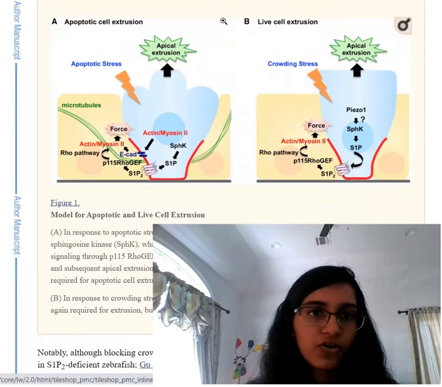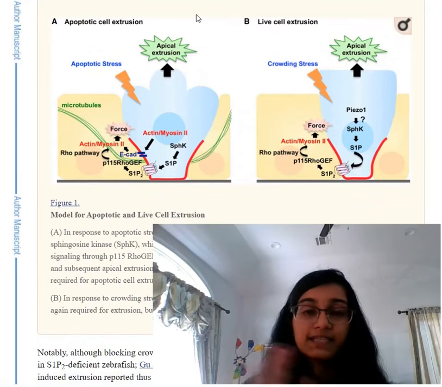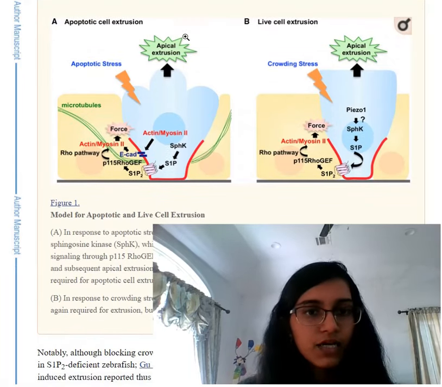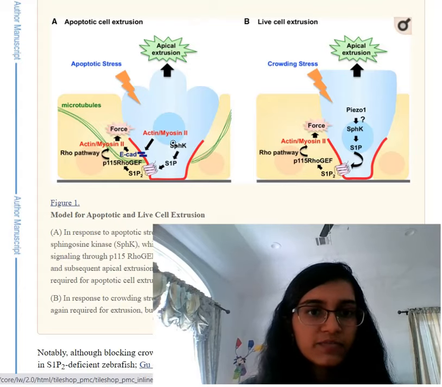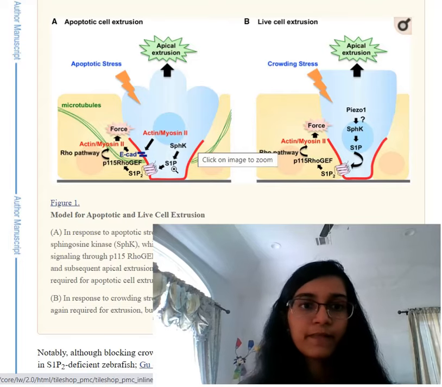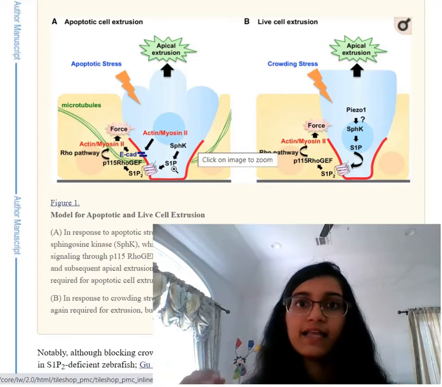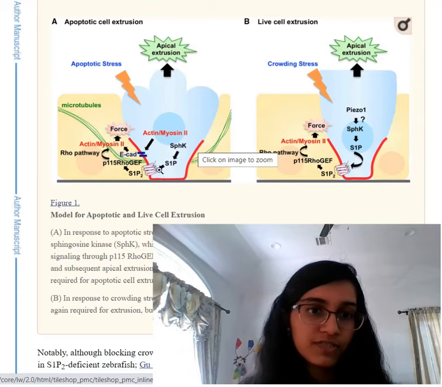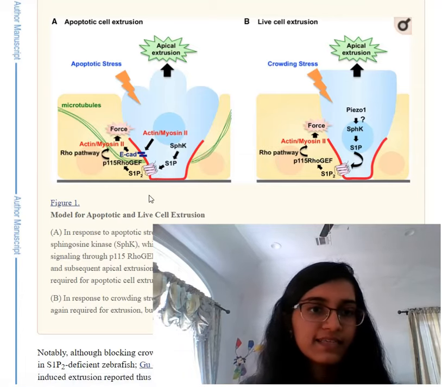So taking a look at this diagram, let's dissect what that really means. You start out with the SPHK protein, which then activates the S1P protein. S1P then binds to the S1P2 receptor, and this kicks off the Rho pathway, as you see here.